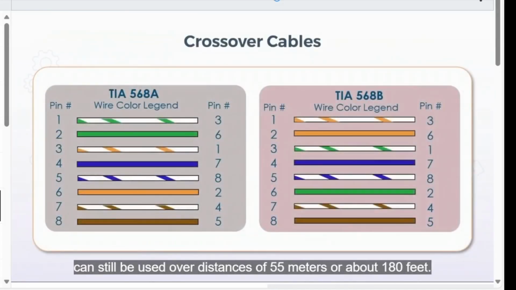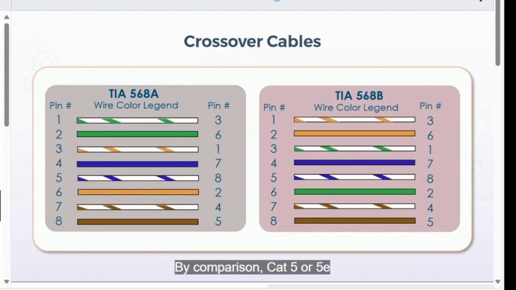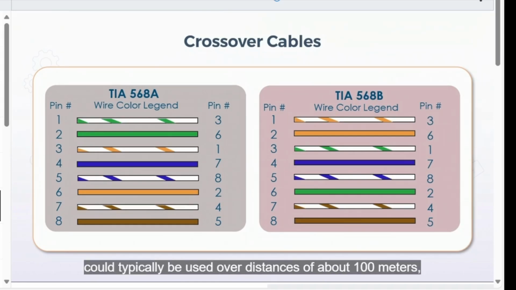Now, those patterns are for what we would generally refer to as standard or straight-through cables, meaning that they're used to connect computers to the data ports in the walls or directly to a hub or a switch or any other networking device. But in some cases, you might need to connect a computer directly to another computer, in which case you need what's known as a crossover cable. Now, this is because of the 8 wires, 4 are used to transmit and 4 are used to receive.